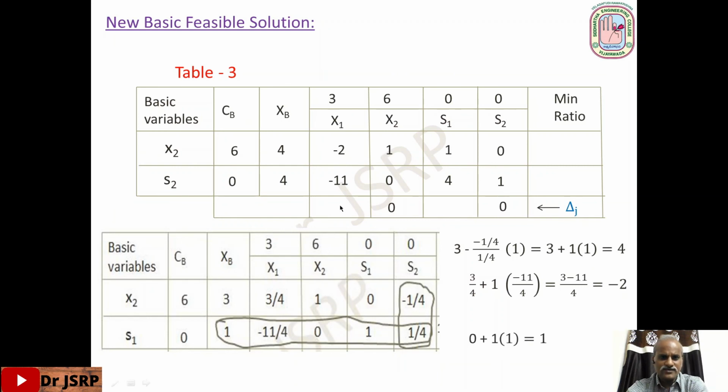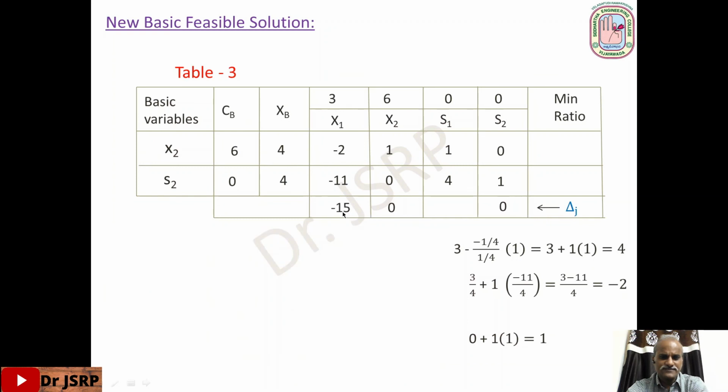And delta 1, CB into X1, minus 12 plus 0 minus 3, minus 15. So the delta J value for S1, this column into this column. So 6 into 1 plus 0 into 4, 6 plus 0 minus 0, 6. So these are the delta J values. The objective function value is 24.